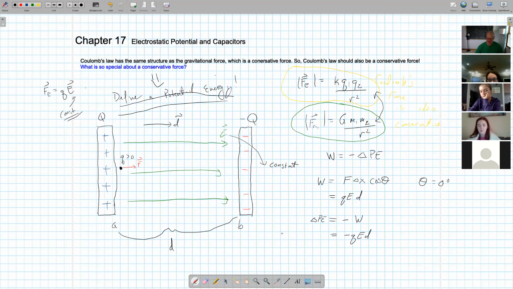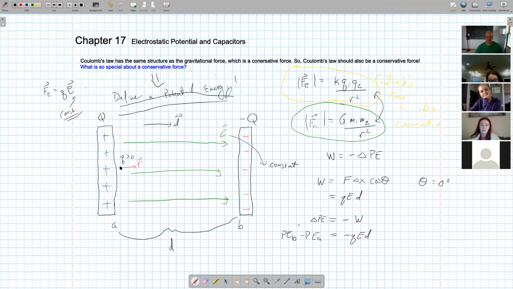This says that the potential energy at B minus the potential energy at A is equal to minus Q times E times D. Right? Because remember, change is the final minus the initial. So our final potential energy, the potential energy at B, minus the initial, the potential energy at A, is equal to a negative value.